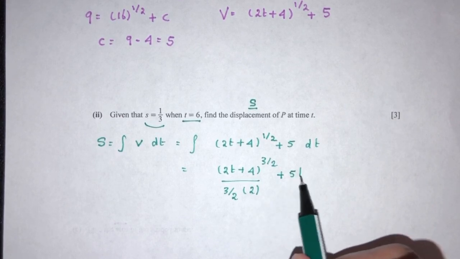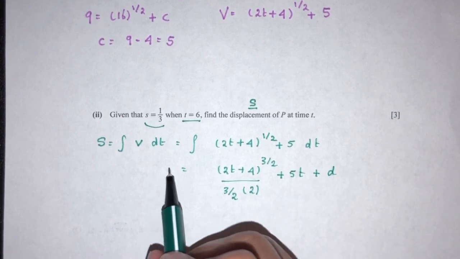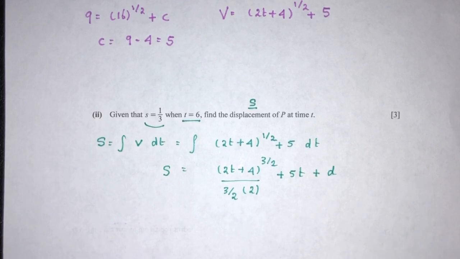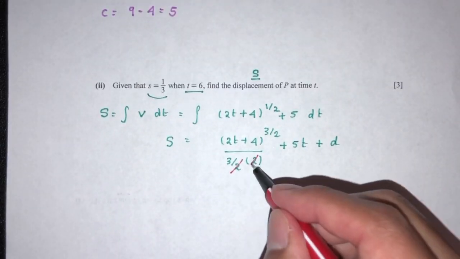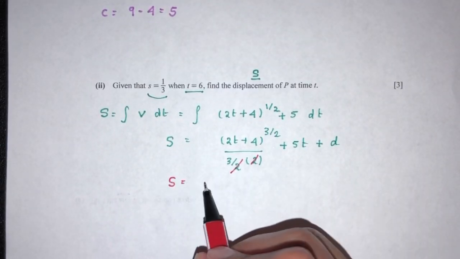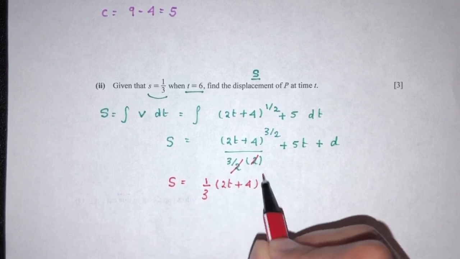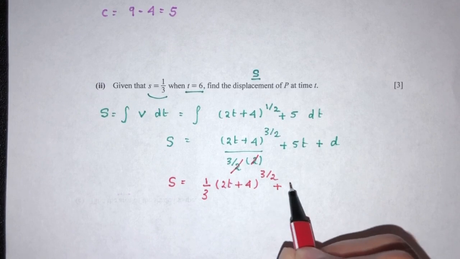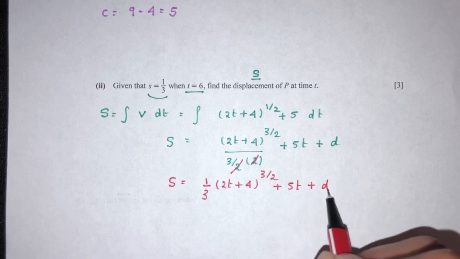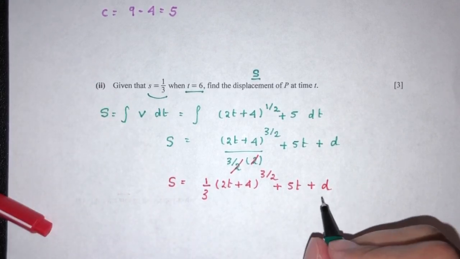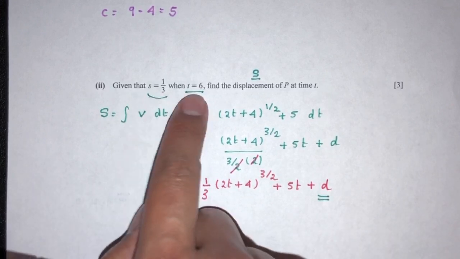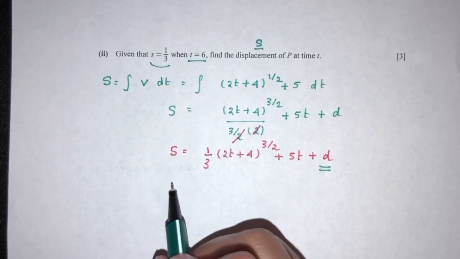And plus 5t, plus the constant d right here. Now simplify, obviously, this and this will cancel out. We have s equal to 1/3 (2t plus 4) to the power 3/2, plus 5t plus d. Now we have to find the value of d. We have to use this one. So s is equal to 1/3.